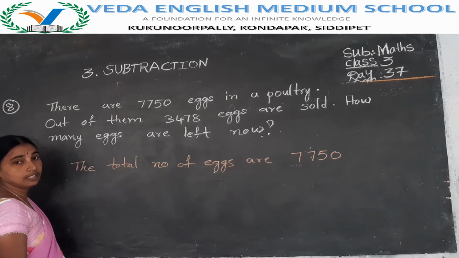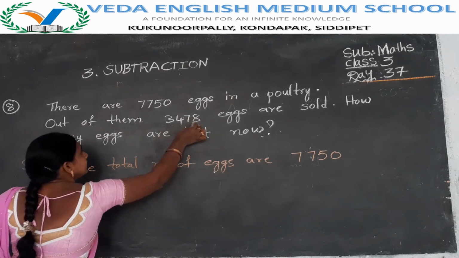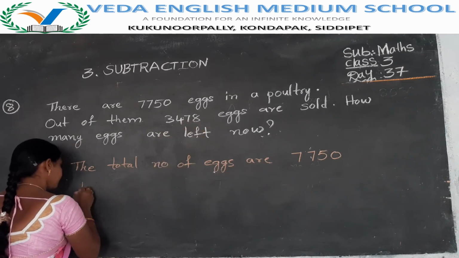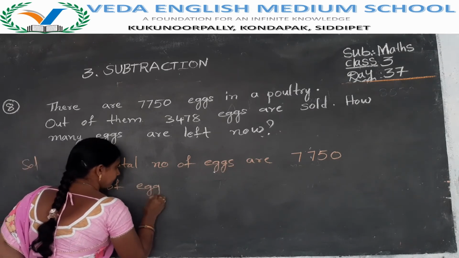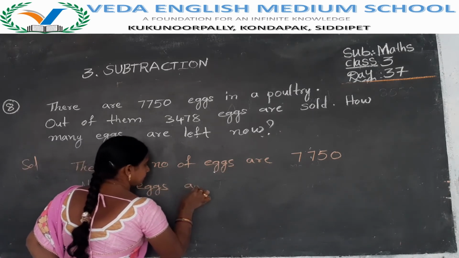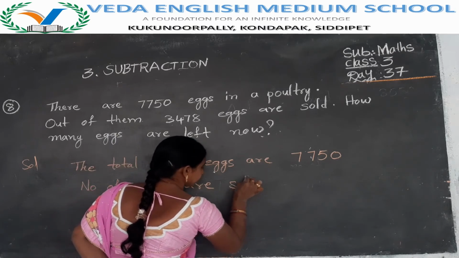How many eggs are sold? 3,478. Number of eggs sold.